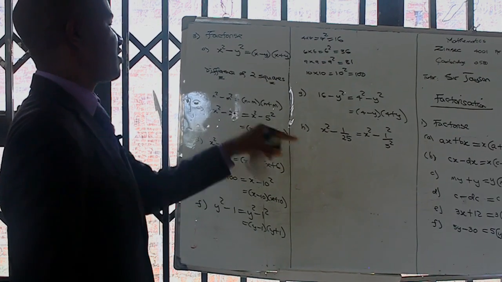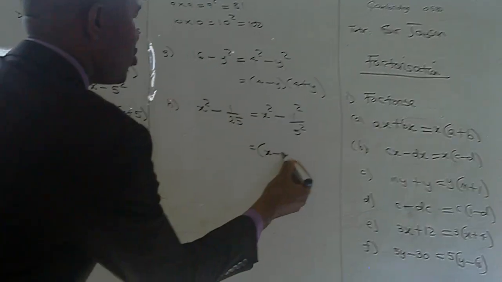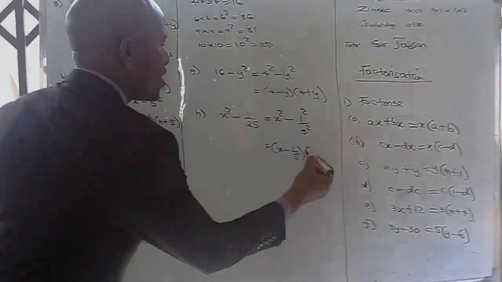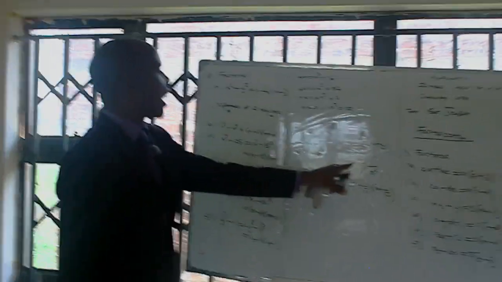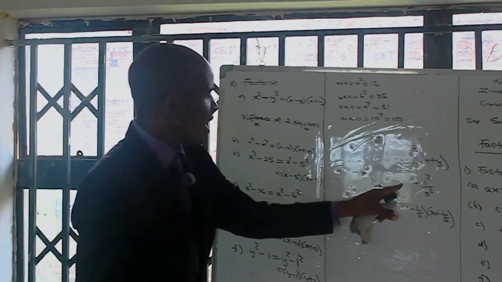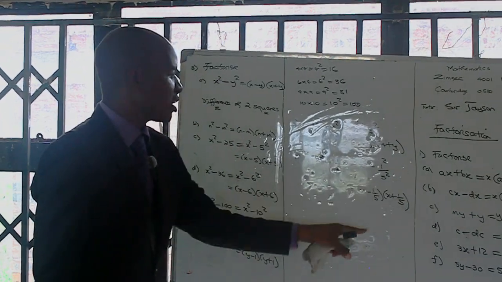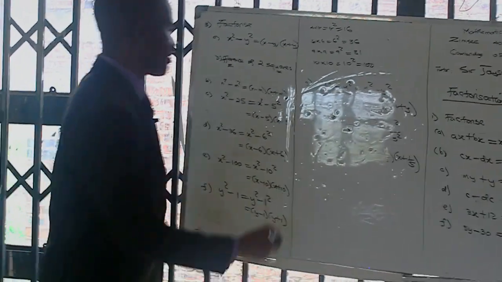Then we have x minus 1 over 5 bracket x plus 1 over 5. We take what is under the squared: under the squared, 4 minus y, 4 plus y; under the squared, we have x, 1, 5. So x minus 1 over 5 bracket x plus 1 over 5.